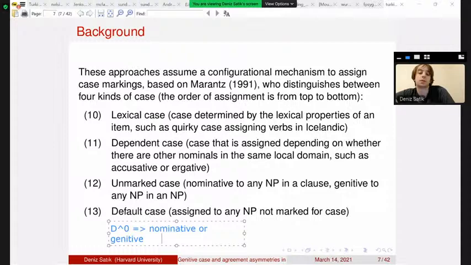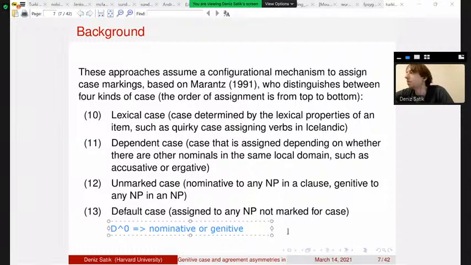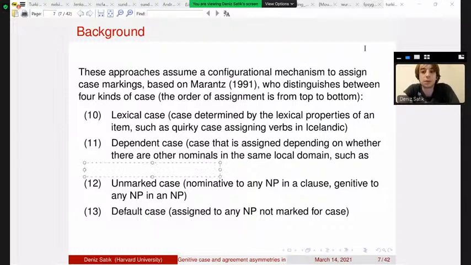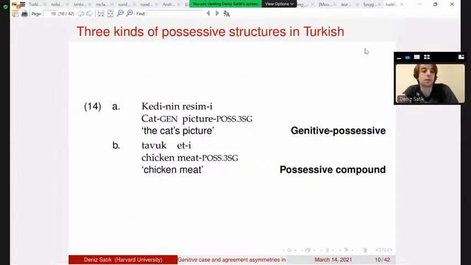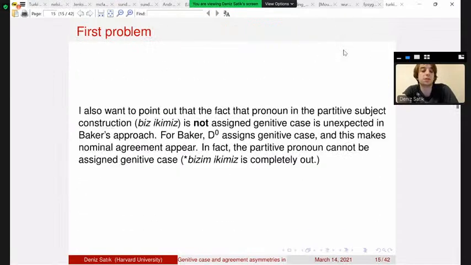No, I'm curious about the lack of genitive on the head noun in a genitive possessive construction, on the possessee. Oh yeah, I think you're talking about something like Ayşe'nin kedisi.